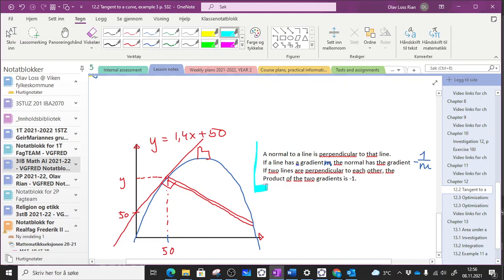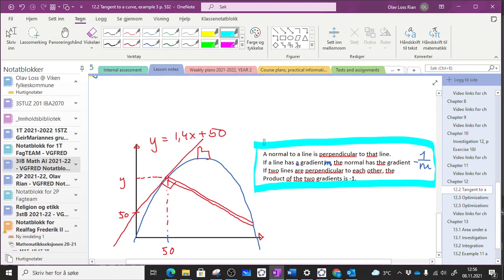So that's a normal to a line. Now we can always check to see, if we have the gradient of one line and then we multiply that with the gradient of the normal, then that's going to be minus m divided by m, and that's -1.